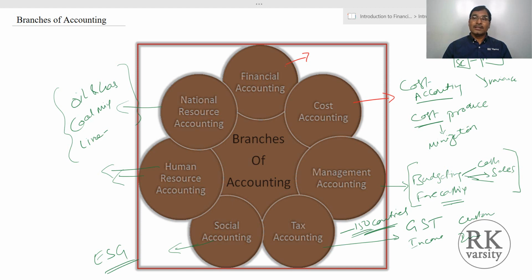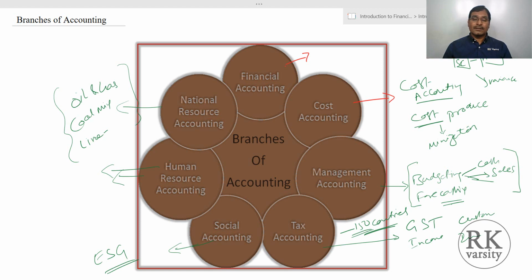In a sense, whatever natural resources we use for, let us say, infrastructure projects, telecommunication, where the government sends its 4G or satellites to the sky, from there the resources are utilized. So to keep track of all these things, we have natural resource accounting.